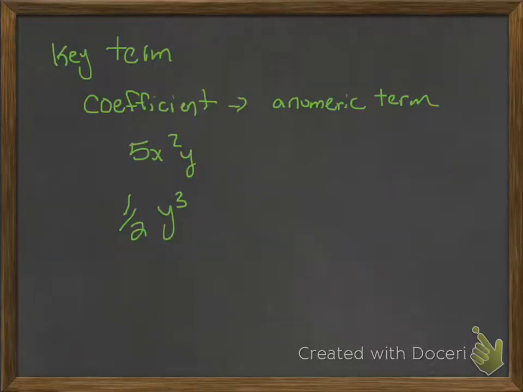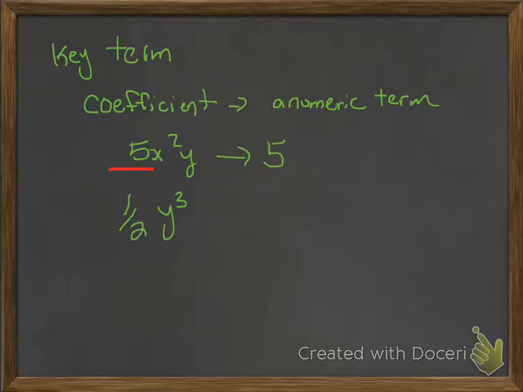All right. Another key term that we need to talk about is a coefficient. And a coefficient is a numeric term that's in front of a variable. It could actually be behind the variable, but usually we show it in front of the variable. So in this case, my coefficient is 5.